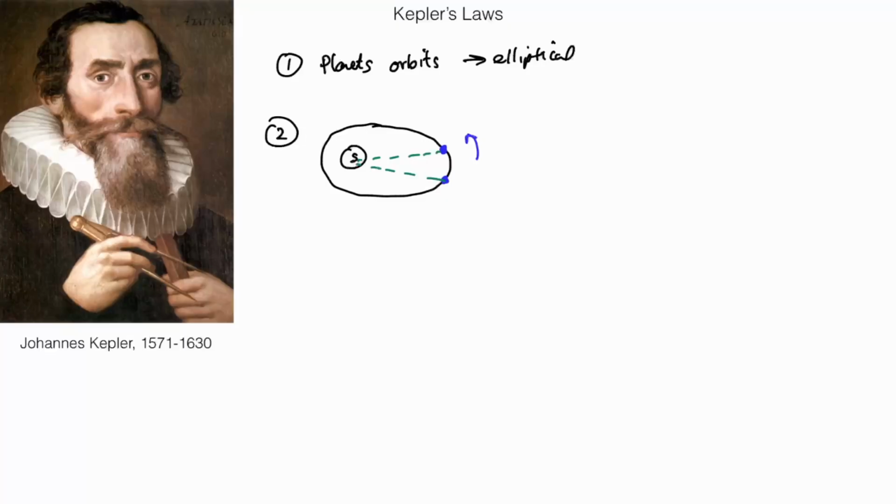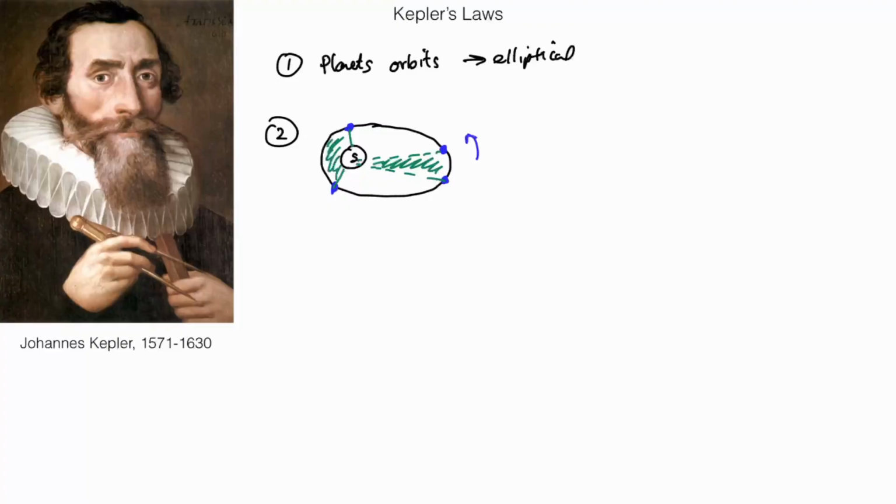An ellipse has two focuses, two foci, and the sun is always at one of them. So if you make a pizza slice and find its area, Kepler wasn't thinking in terms of pizza, because pizza didn't exist at the time. Then you take another two points somewhere else in the orbit, and you make a pizza slice that has exactly the same area.